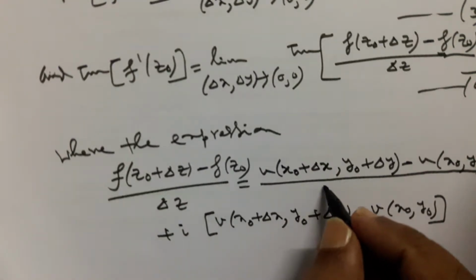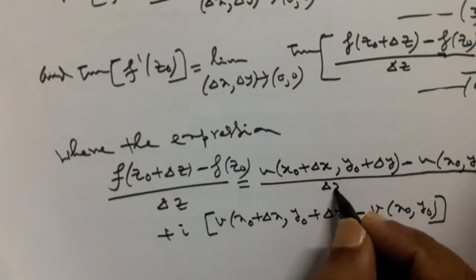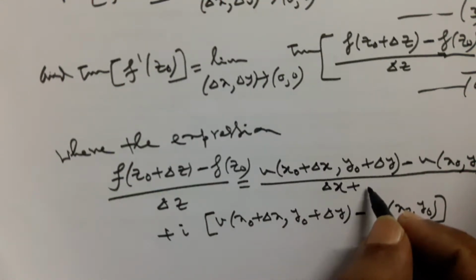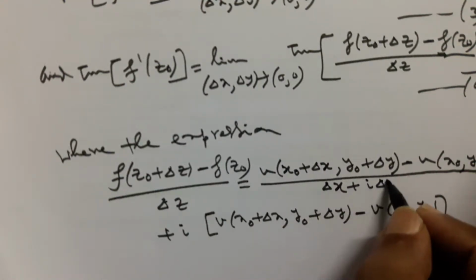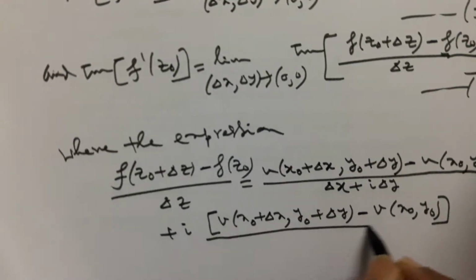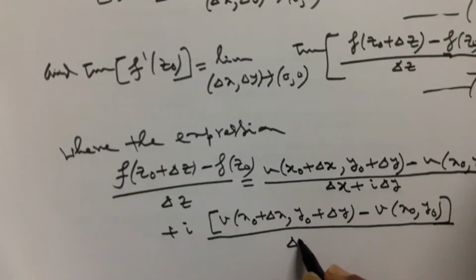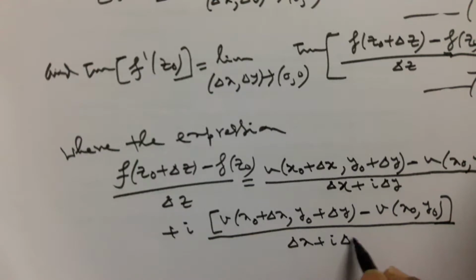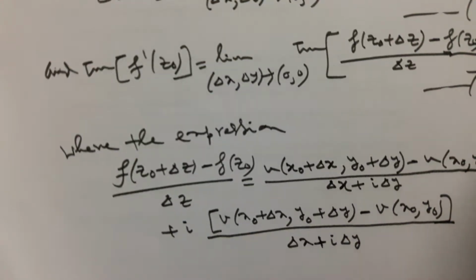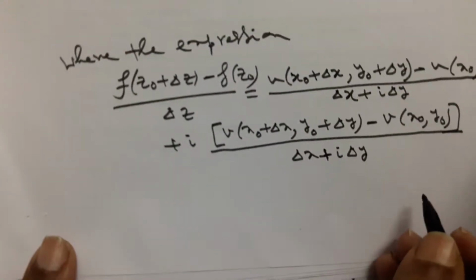And here del z can be written as del x plus i del y. Here also we write the same thing, del x plus i del y. So we complete these two things.